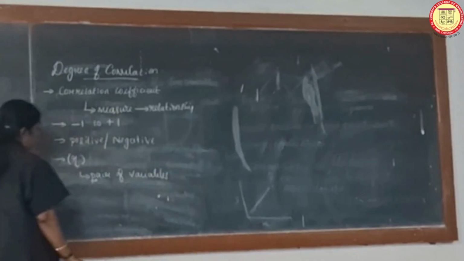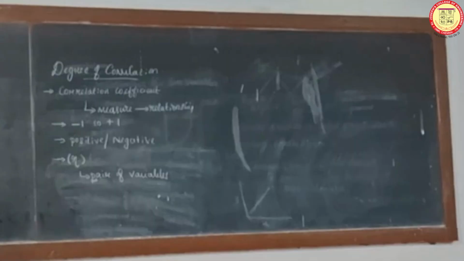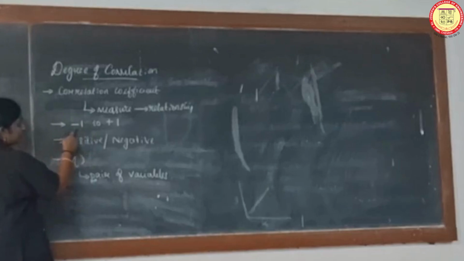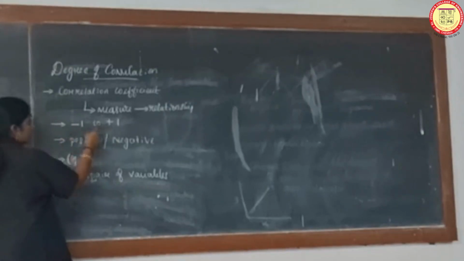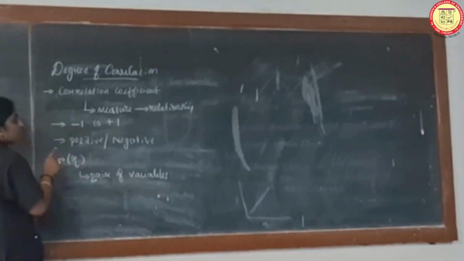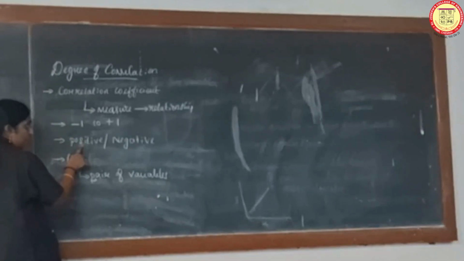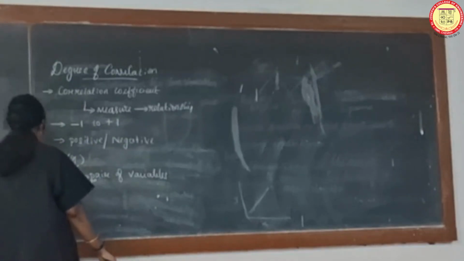Now we are going to discuss the significance of this correlation coefficient. Here there are two values, right? -1 as well as +1. The sign represents the type of correlation we are using. -1 is used to represent the negative correlation, and +1 is used to represent the positive correlation.